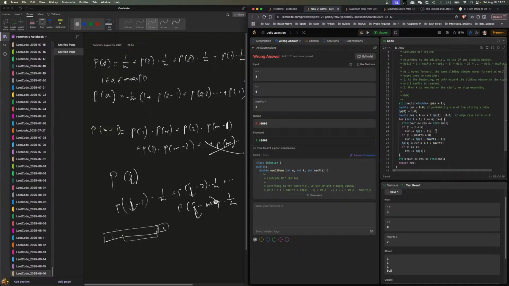Because we never add anything, so we should not have removed anything. Okay. So basically, when it's larger than 0, I minus max points is larger than 0, and it has to be.